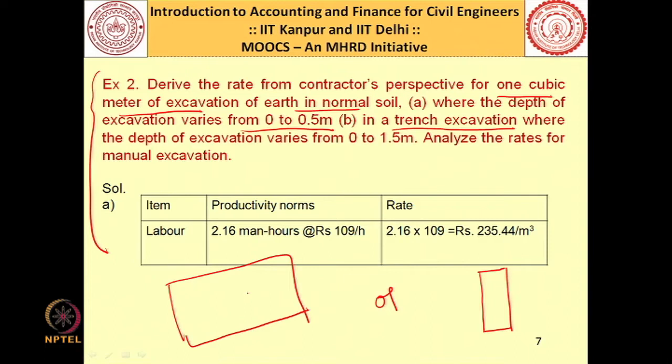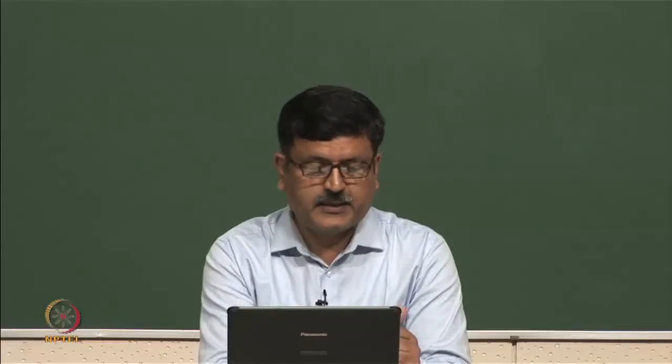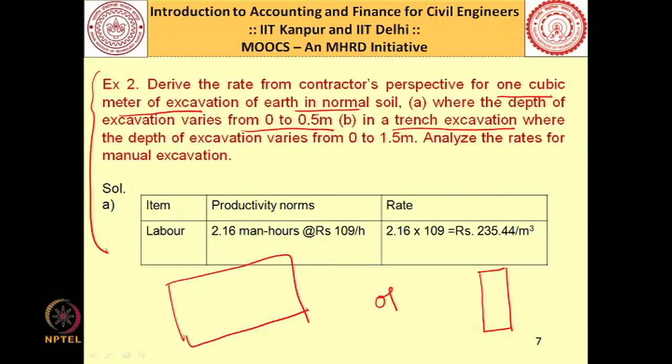Now, how do I do all such kind of analysis? I have from my past experience productivity rate for each of these items. So, for example, I know that if I have to do open excavation, let us say my productivity would be 2.16 man hours per cubic meter. So, if I want to do 1 cubic meter of excavation, my labor involvement would be roughly about 2.16 man hours.